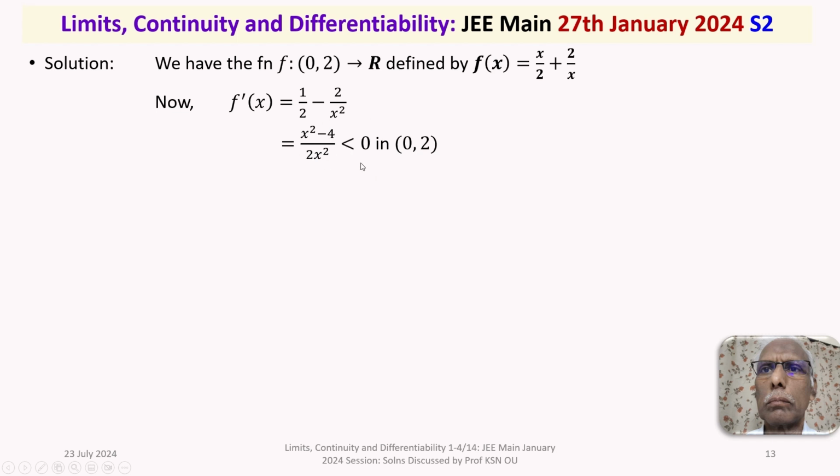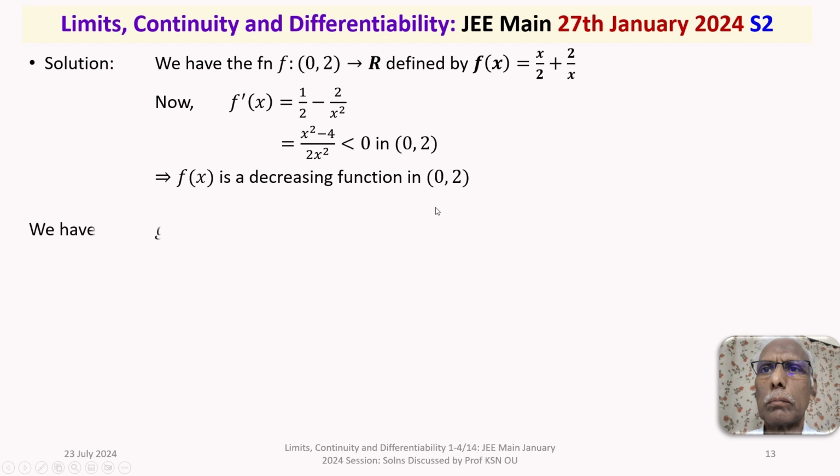So this is negative in the open interval 0 to 2. Therefore, f of x is a decreasing function in the open interval 0 to 2. So if it is a decreasing function in 0 to 2, the minimum can be found out very easily.